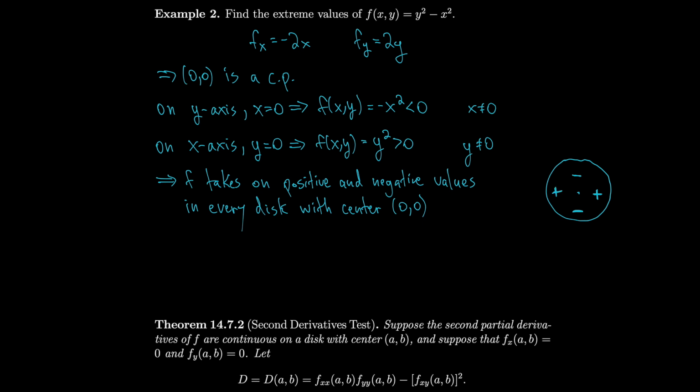You could imagine these z points floating above on the left and right. So f of (0, 0) is not an extreme value, because there are some points around that are bigger and some points that are smaller. So it's not the smallest and it's not the biggest. So that means that f has no extreme values, because that was our only critical point.